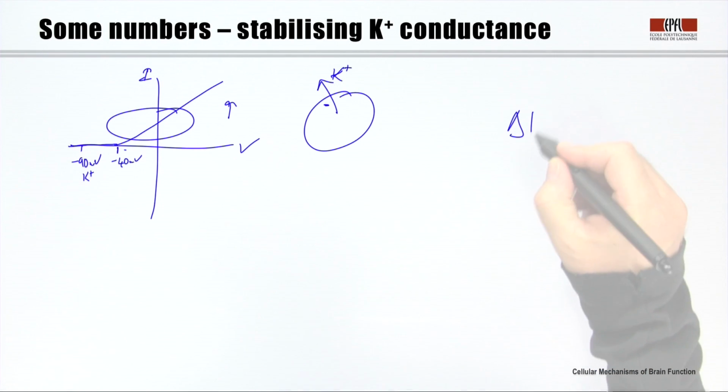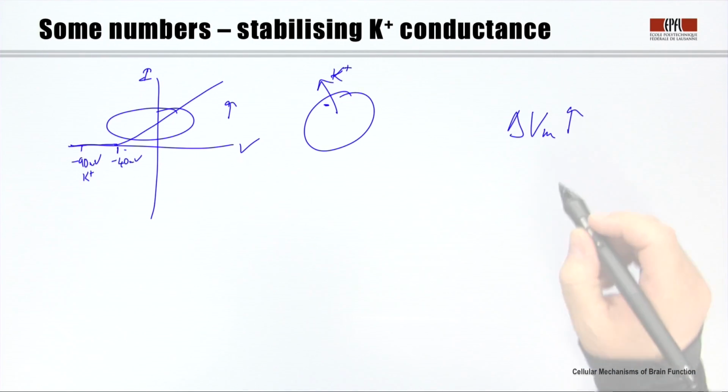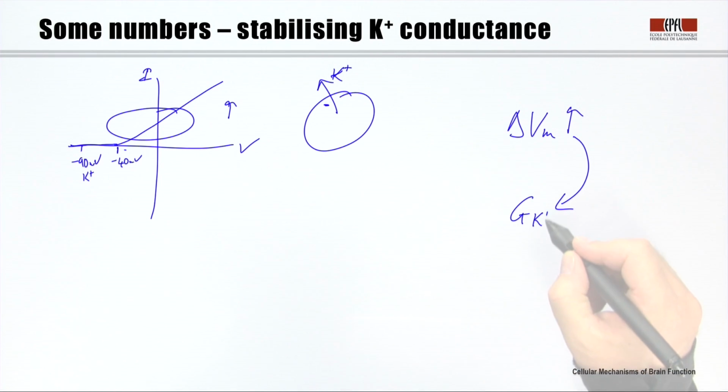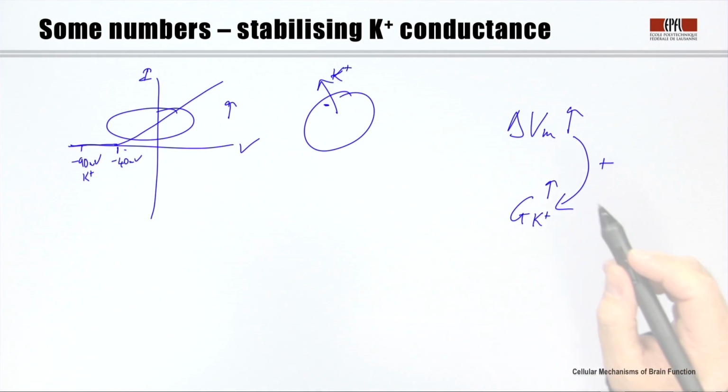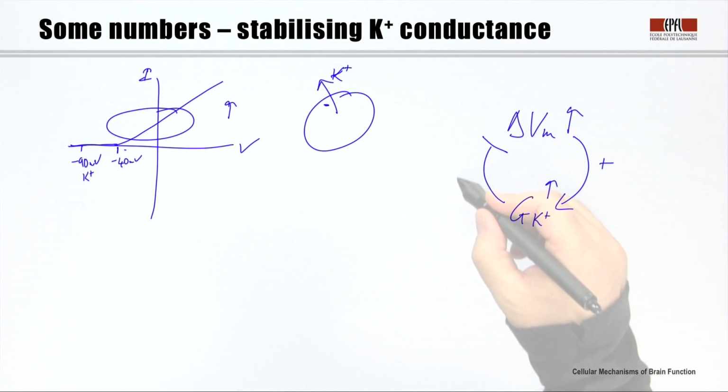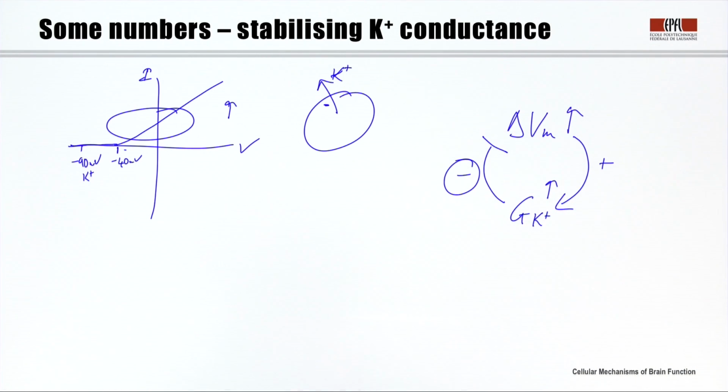So if we depolarize the membrane potential, that will certainly lead to an increase in the potassium conductance. But an increase in the potassium conductance will, on the other hand, lead to a reduction in the membrane potential. And so we have a stabilizing influence of voltage-gated potassium conductances.